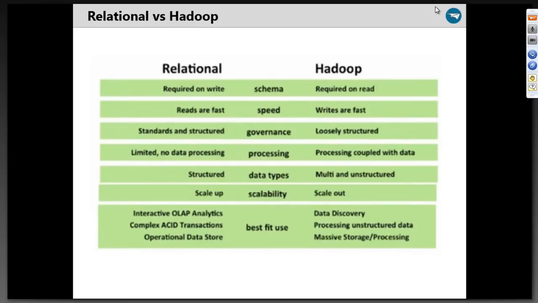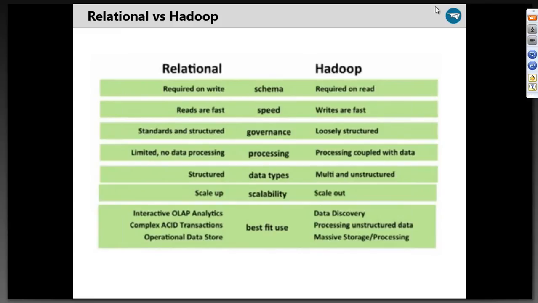In a relational database, you can't write without having a schema defined, which means that if you and I want to build a relational system, the very first thing we do is sit in a conference room and draw out our schema. And then once we've drawn it out, we create tables, foreign keys, indexes, we do all that stuff. And then we load that data into the relational database. We insert it, maybe we bulk load it or whatever, right?